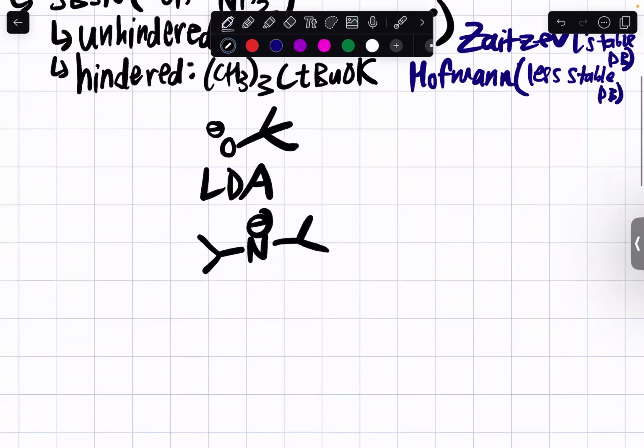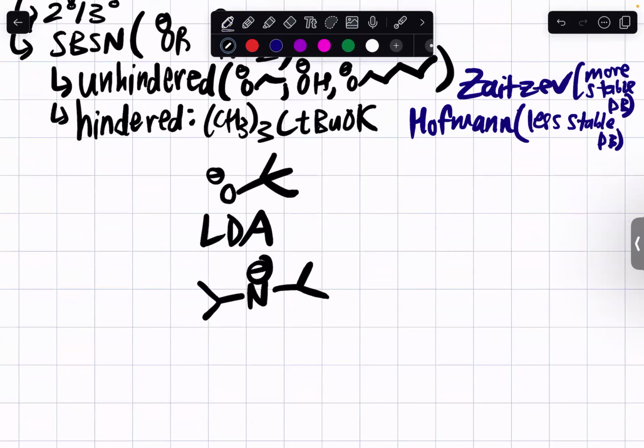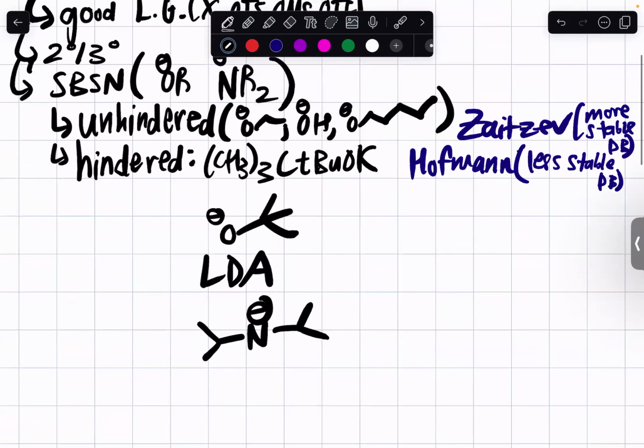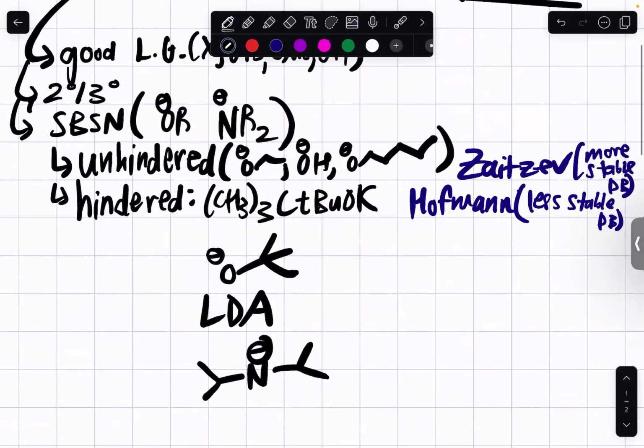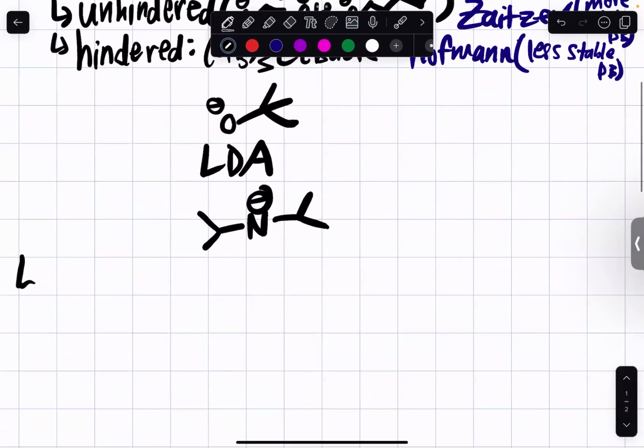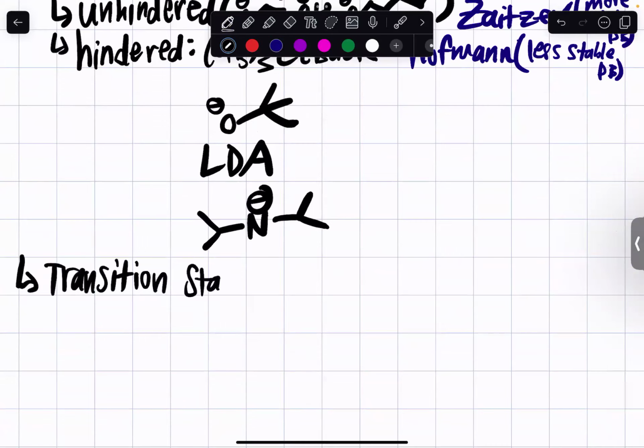Also for E2, do you remember the transition state name that it goes through? Is it like anti-periplanar? I have no idea. Yeah, you got it. Anti-periplanar transition state. And do you know what that means, or you just memorized it?